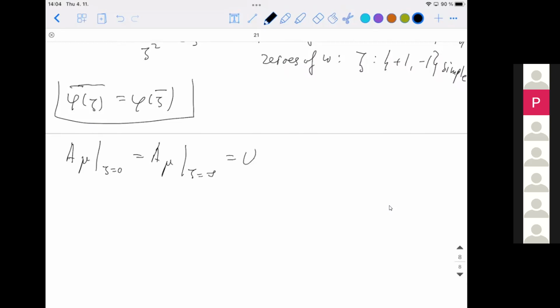At the poles it disappears, and then the compatible gauge transformation with the boundary condition is that u is identity.